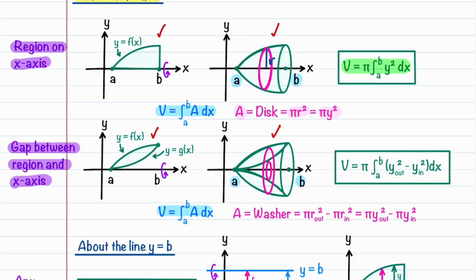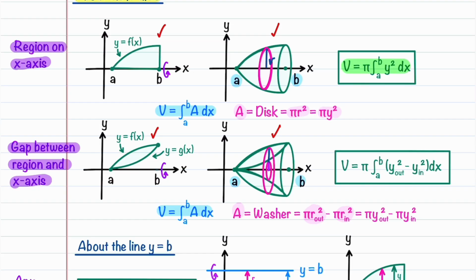This circular cross-sectional area A is pi times the outer radius squared, minus pi times the inner radius squared.